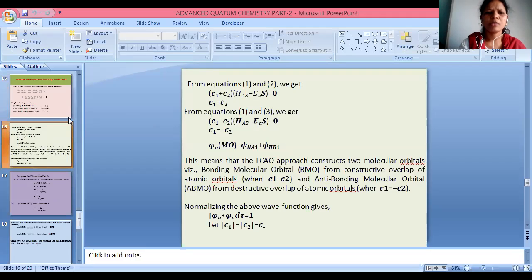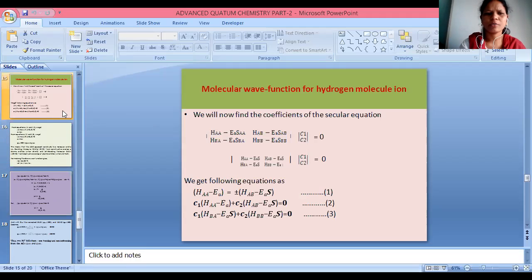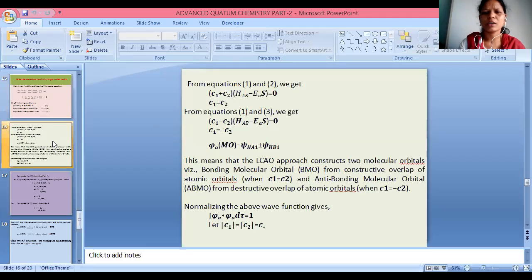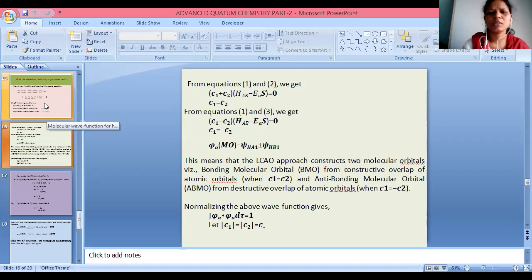Now, from equations 1 and 2, from the first two equations, we can write C1 plus C2 into HAB minus EA into S is equal to 0. That means either the first term must be equal to 0, or the second term should be equal to 0. In the first case, the other term cannot be 0, that is HAB minus EA into S cannot be 0.